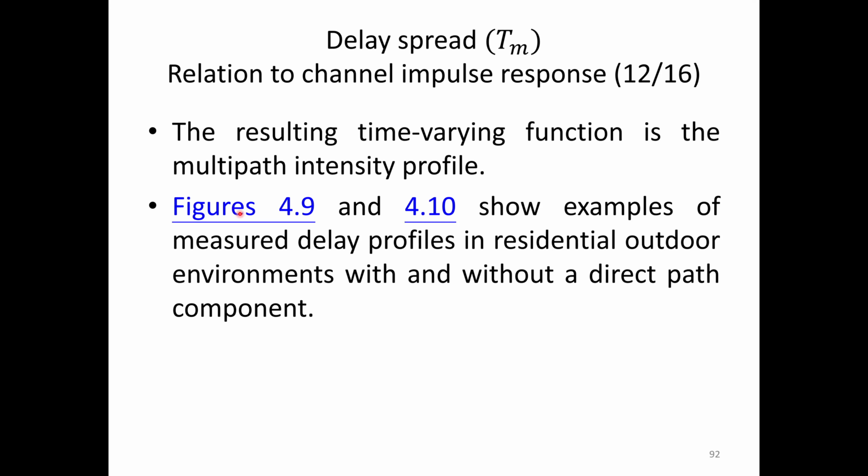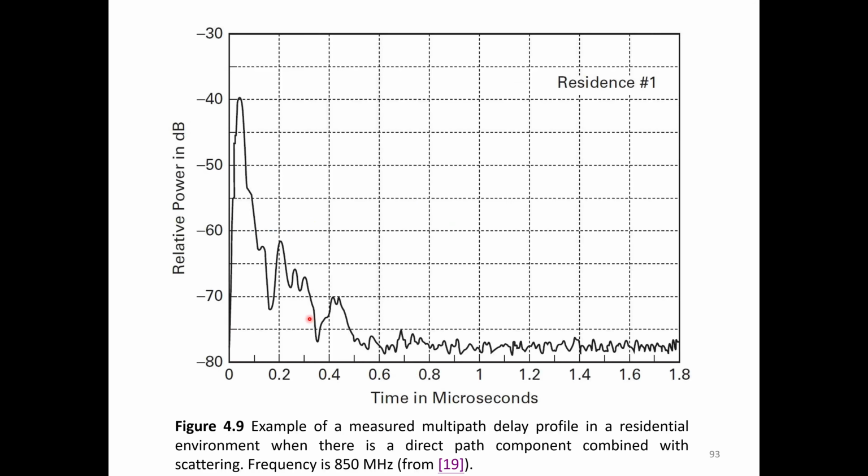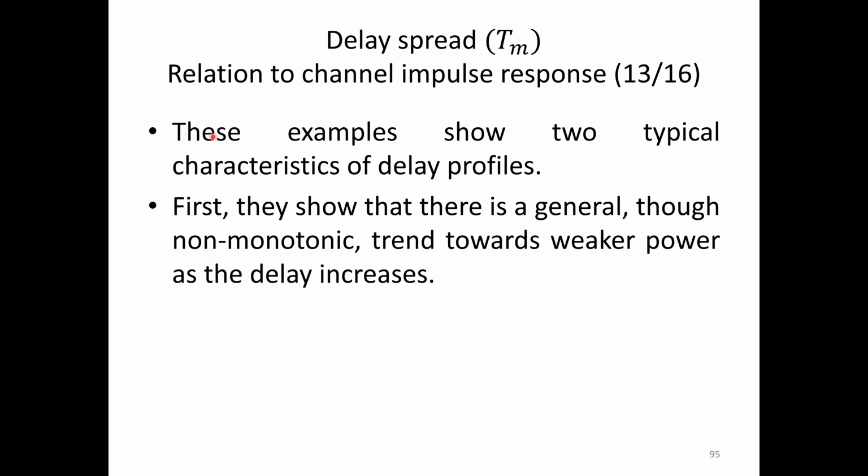So figures 4.9 and 4.10 show examples of measured delay profiles in residential environments with and without a direct path component. These examples show two typical characteristics of delay profiles.